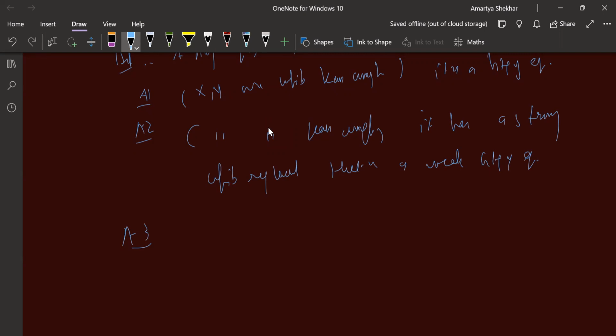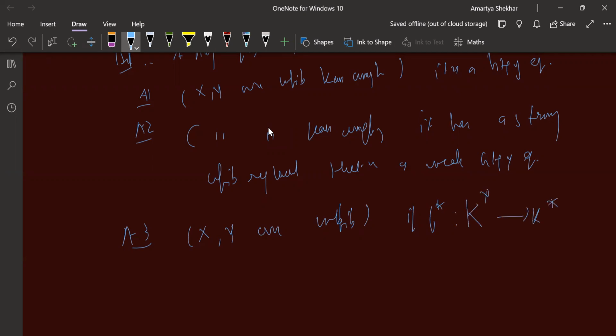Our third condition is that X and Y are cofibrant. This is a bit different from the other cases.